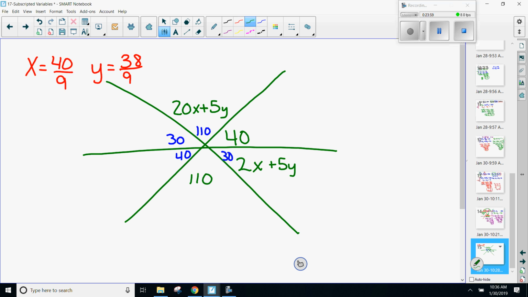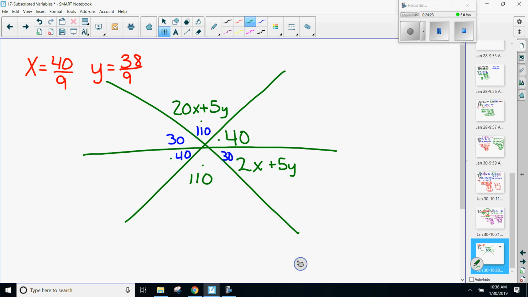Okay, so I said something about vertical angles. I don't know if any of you were trying to go 20x plus 5y plus 40 plus 2x plus 5y equals 180. That's true, and you could simplify it, or you could just make note of what each one of those angles is. Vertical angles are equal.